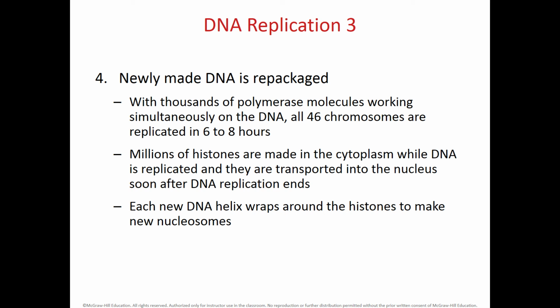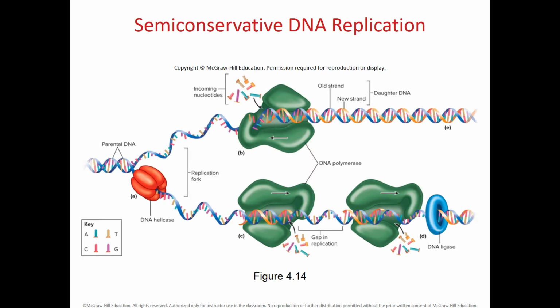At this time you also need to produce more histones, so you can wrap the newly formed DNA around these histones and have new nucleosomes distributed in the new DNA. So this is how DNA replication happens.